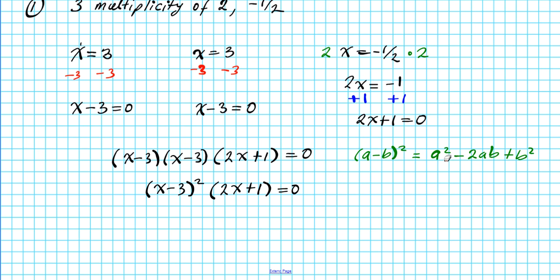In this case here, a is x and b is 3. If we apply the formula here, it will give us the expanded form, a squared, which is x squared, minus 2ab, 2 times x times 3 is 6x, plus b squared is plus 9. Okay?